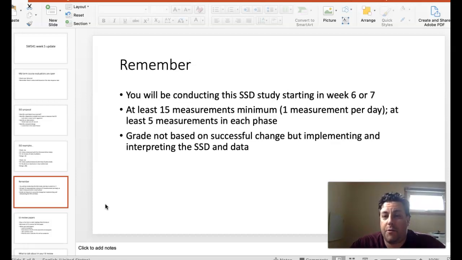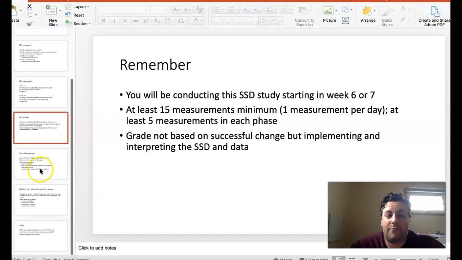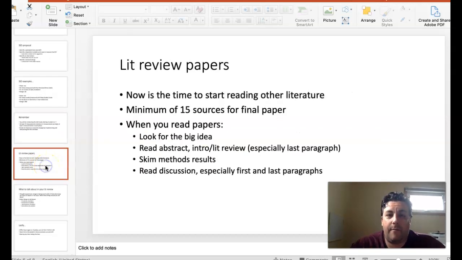So figure 1 measurement per day, and about 5 in each phase, maybe a little bit more if you only have 2 phases. The grades for this are not based on successful change or successfully reducing that dependent variable. The grades are based on implementing and interpreting the single system design and the data. So whether or not you change doesn't really matter. It's really based on the quality of the assignment.